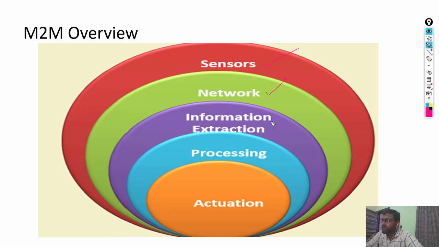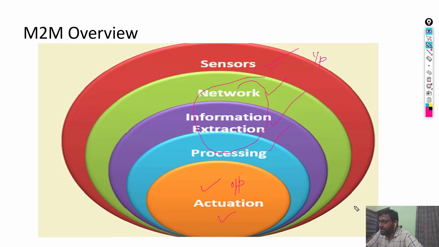Then information is going to be extracted and processed. Finally the data comes to the actuator portion. The actuator is the output device, and the sensor is the input device. So data is inputted here, and action is performed by this.